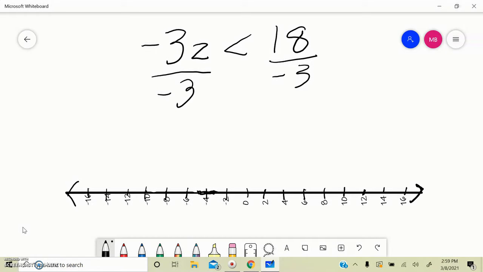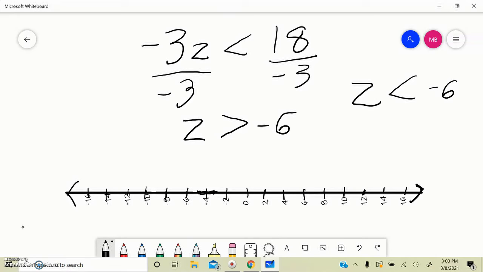Now, most people would think that it would just be z is less than negative 6. However, that's not the case. If I'm multiplying or dividing by a negative, I'm actually going to flip my sign.